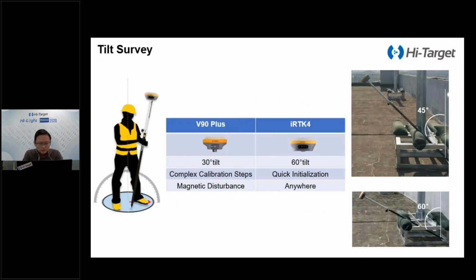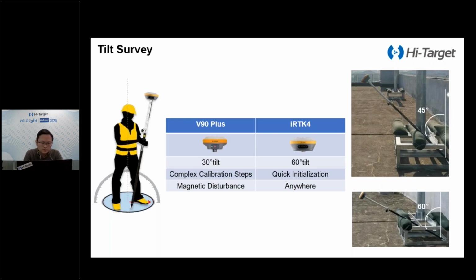So after I analyze the data from both static mode and RTK mode, I would like to talk about the tilt survey. I think in the future, most receivers will integrate an IMU module because it can extend your scope of work, and you don't need to focus on the physical bubble.